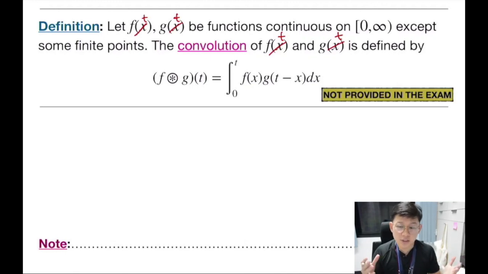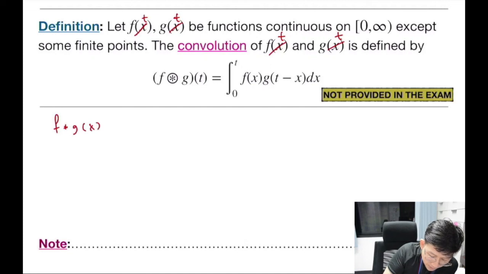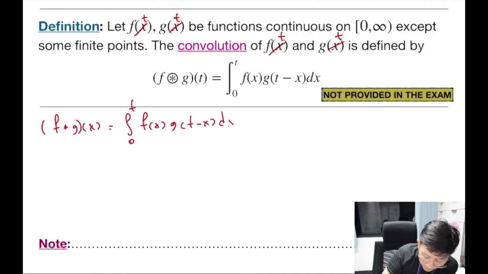Okay, now let's look at the convolution of g and f. Note that the convolution of f and g is the integral from 0 to t of f(x) g(t minus x) dx, right?